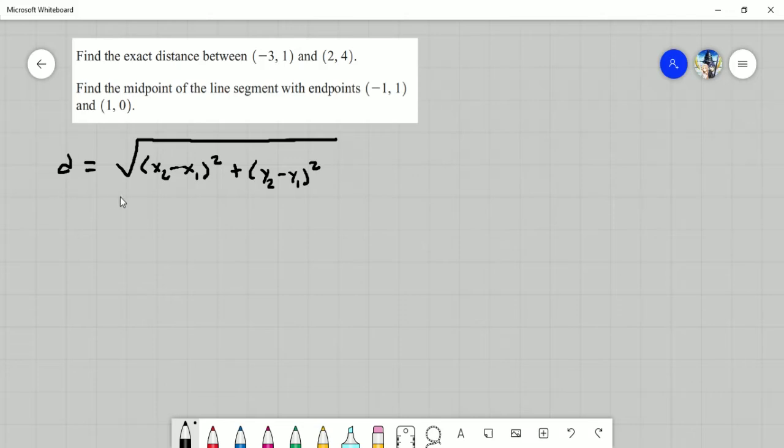So again, just like with the slope formula, the x1, y1, and x2, y2 correspond to the 2 points that are given. In this case, x1 is negative 3, y1 is 1, x2 is 2, and y2 is 4. So we just go ahead and plug in.